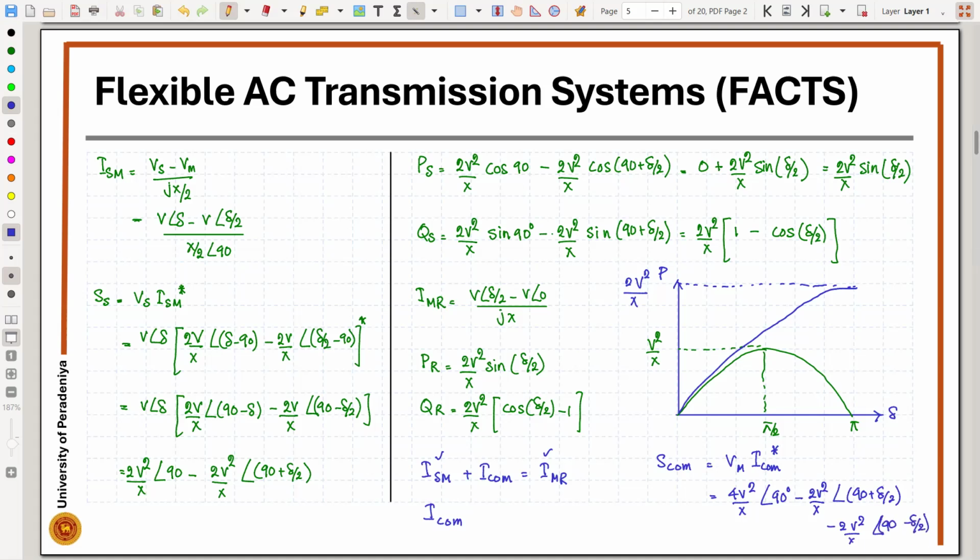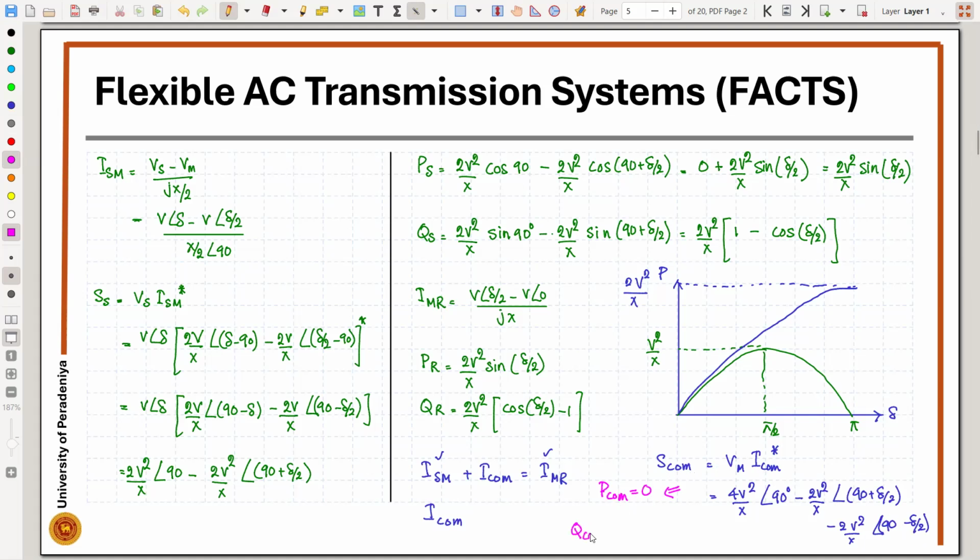So this is what we are going to get. And if you do the simplifications on this one, you would see that the compensator active power is going to be 0, but the reactive power is not 0.